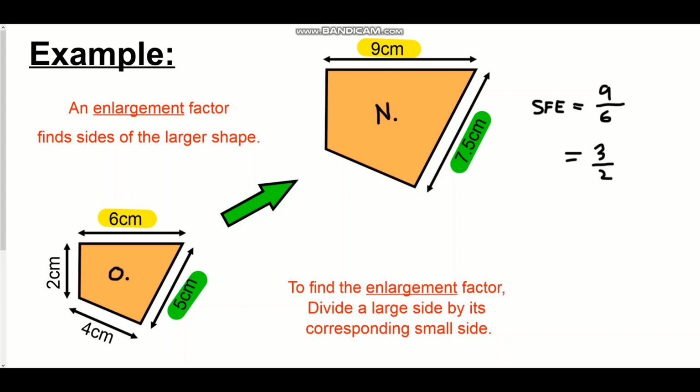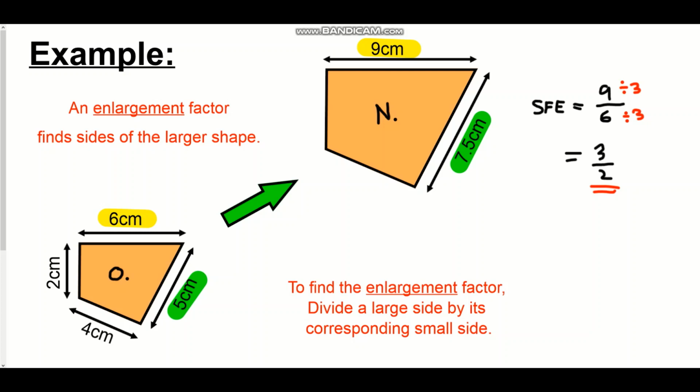I get that by looking at these two numbers and deciding what times table they are both in. They're both in the 3 times table, so I'm going to divide this by 3, and I'm also going to divide this number by 3. That gives me a simpler equivalent fraction. So that's my scale factor enlargement: I'm multiplying by 3 over 2.